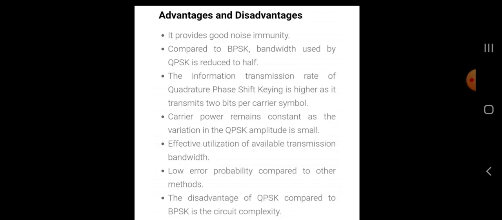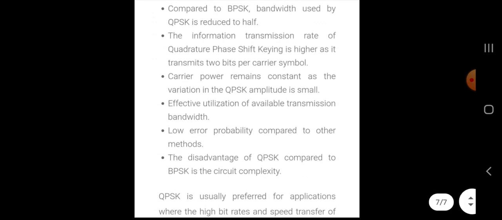The information transmission rate of quadrature phase shift keying is higher as it transmits 2 bits per carrier symbol. Carrier power remains constant as the variation in the QPSK amplitude is small. Effective utilization of available transmission bandwidth, low error probability compared to other methods.